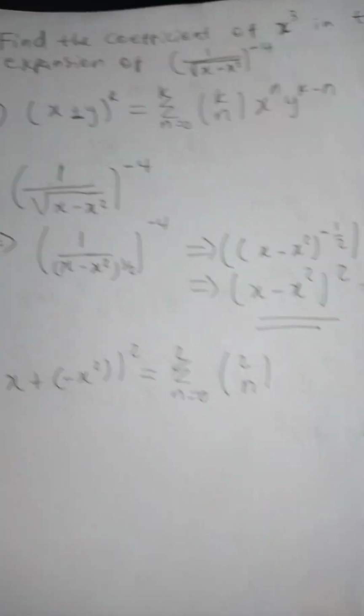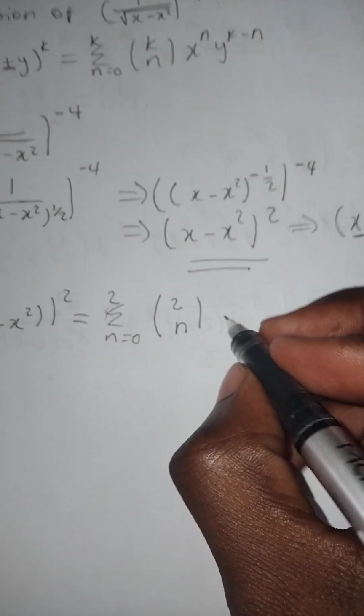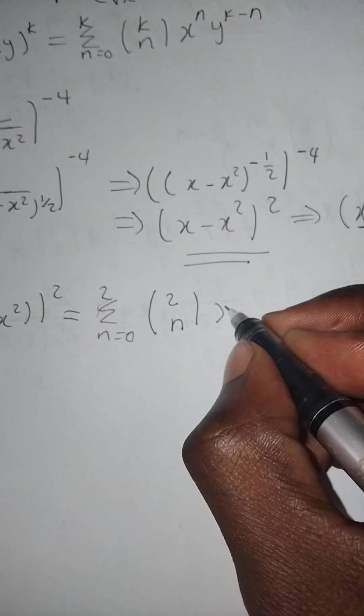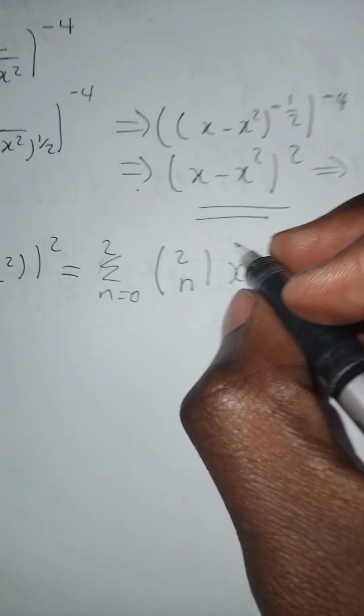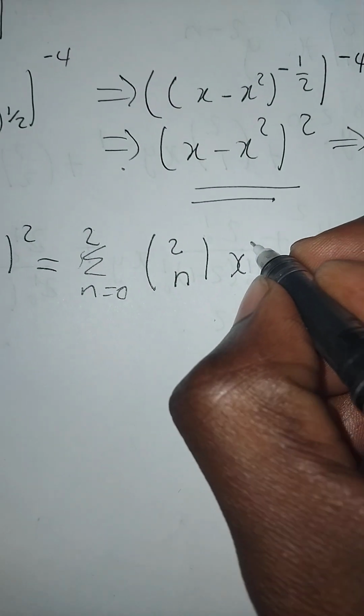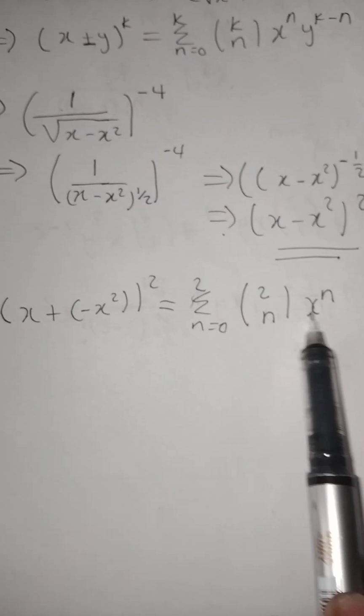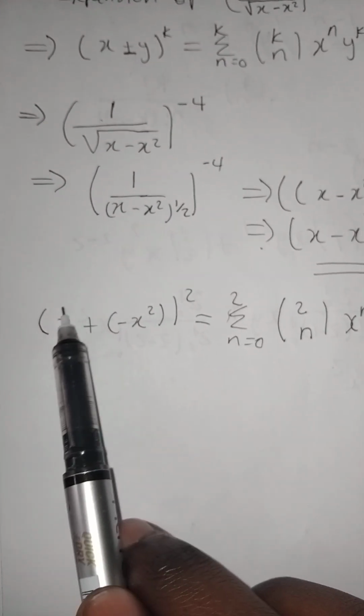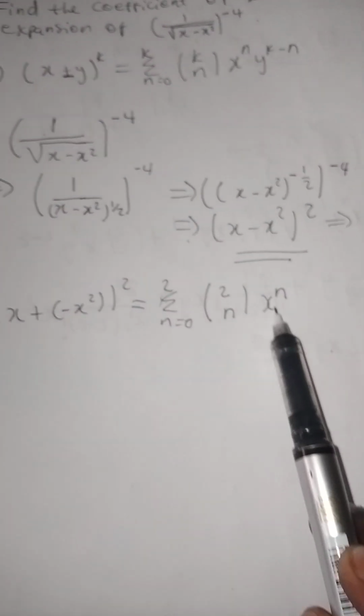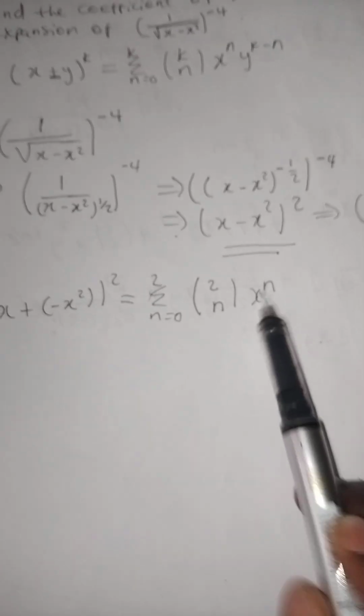Where there is k, I plug in 2. I'm pretty sure you should now be memorizing the formula and applying it. Then x to the power n. So here is this x, and I'm plugging it in, the same thing, x to the power n.